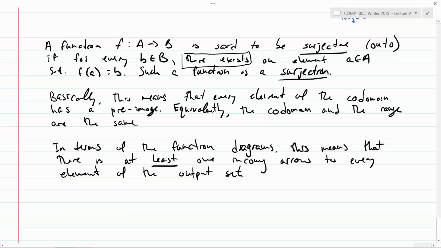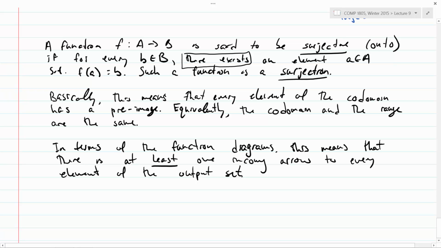All right, I find it helpful to think of these in terms of what's going on in the arrow diagram, but you can remember it however you like. Okay, so is it clear what the definition of surjective is? We're comfortable with what a surjection is?